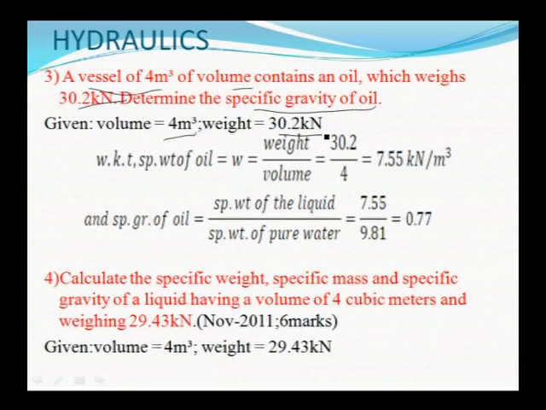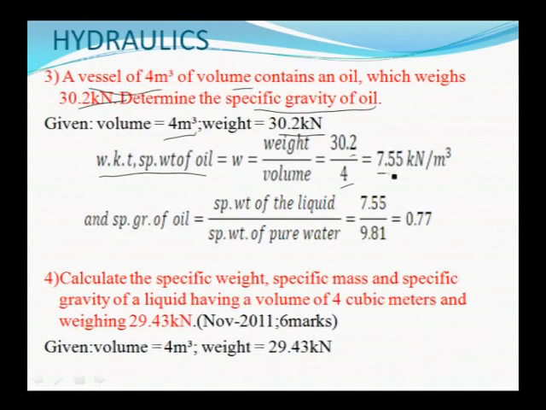We know that the specific weight of oil is equal to W, which is given by weight over volume, and substitute the values. Weight is equal to 30.2 and volume is equal to 4.